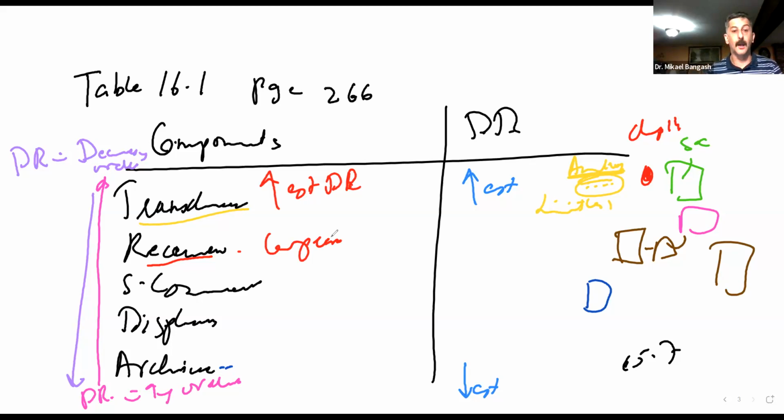Now, what the compression is going to mean is that the signal is going to be compressed, and that will lead to a lesser grayscale.